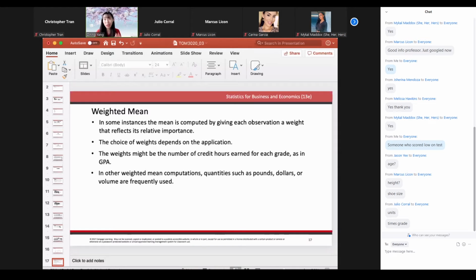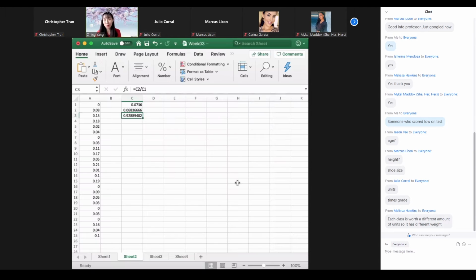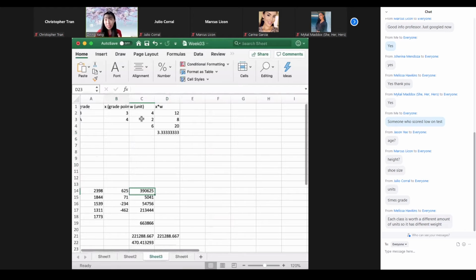A lot of students will come to me and say, I don't add them together. So now let me show you exactly how to calculate your GPA and the implication of that. And this is why statistics is so important and practical. We really use that on a regular basis.